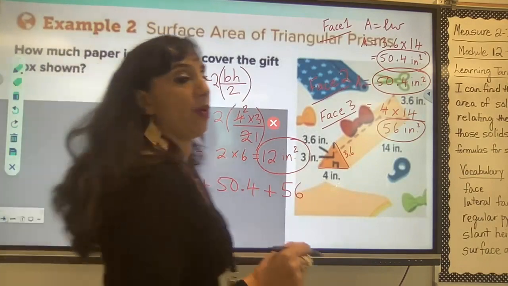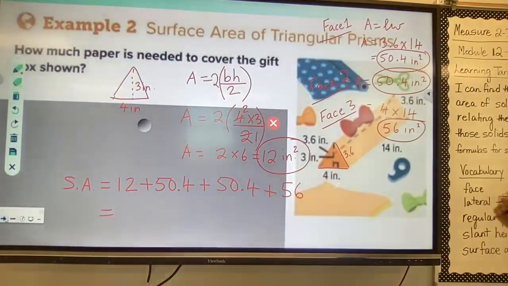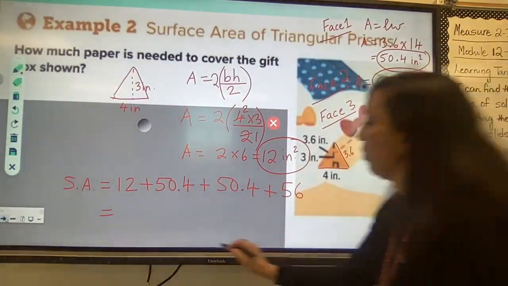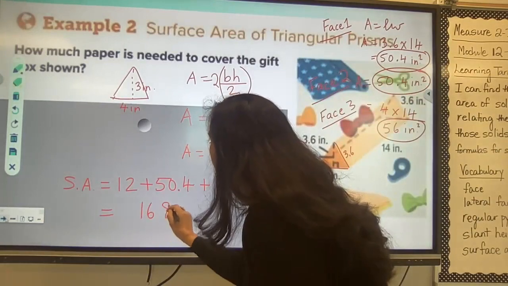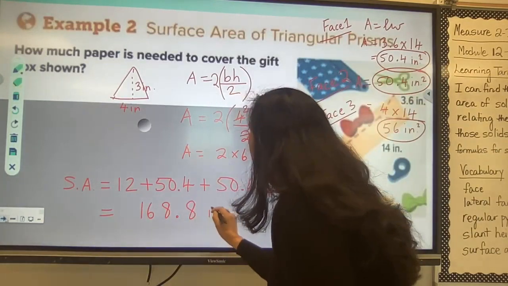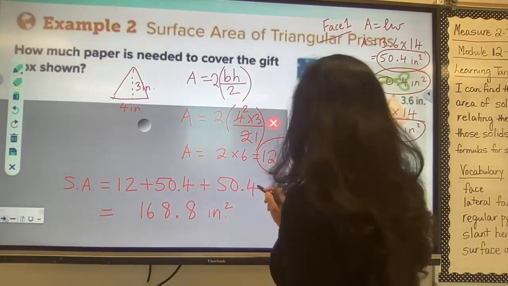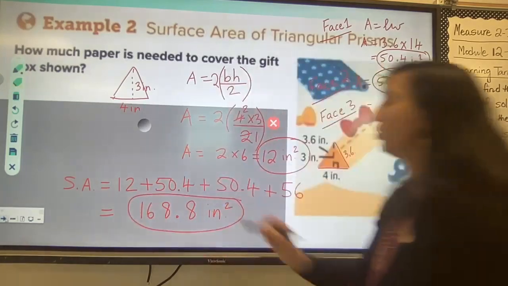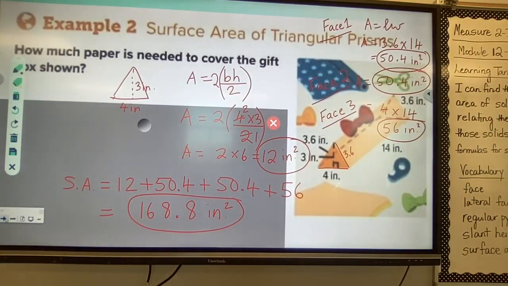And when I add all of this up, I'm going to get 168 and 8/10 square inches. So this is going to be the surface area of this triangular prism.